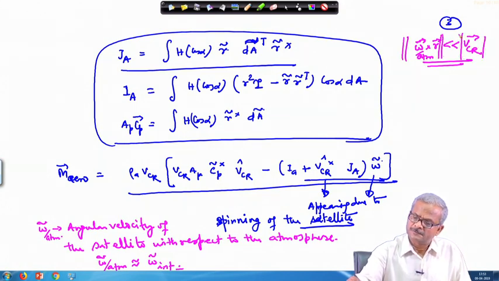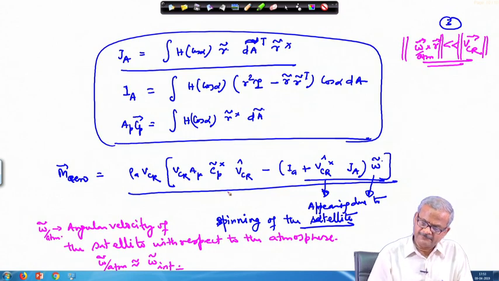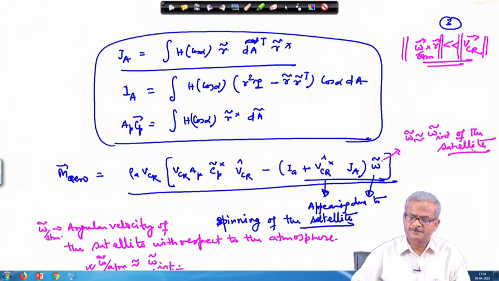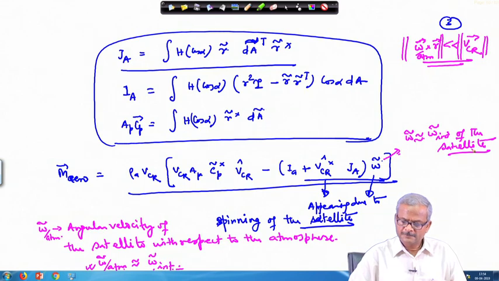Therefore, this assumption is safe. We can replace this omega atmosphere by omega inertial. So, if you do this, then omega tilde here is equal to omega inertial of the satellite, and it simplifies your expression.